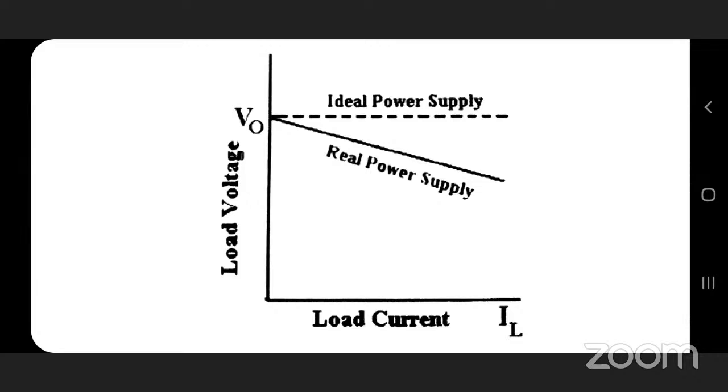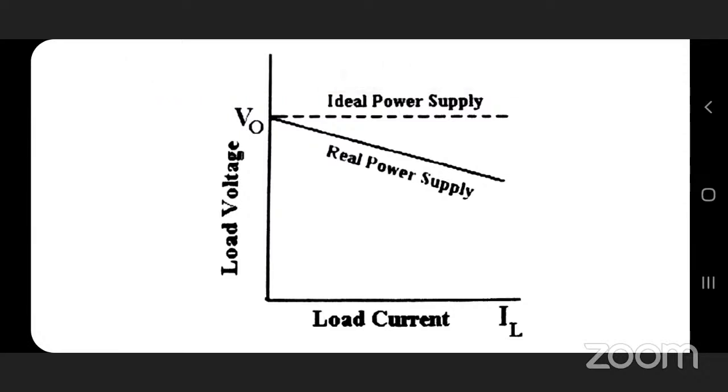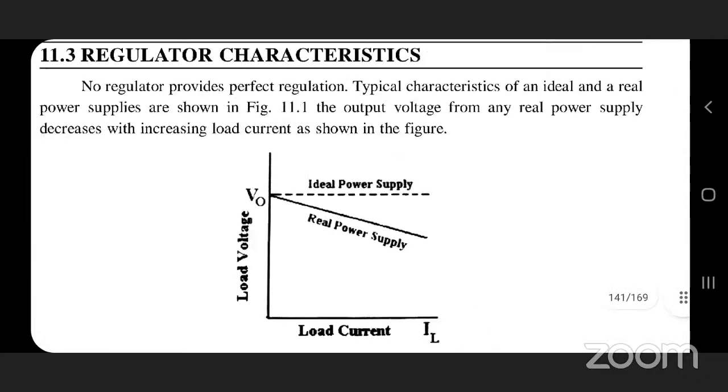The ideal power supply gives a constant voltage. But for the real power supply, as the load current increases, the load voltage drops. That means the real power supply value decreases. Note this down.